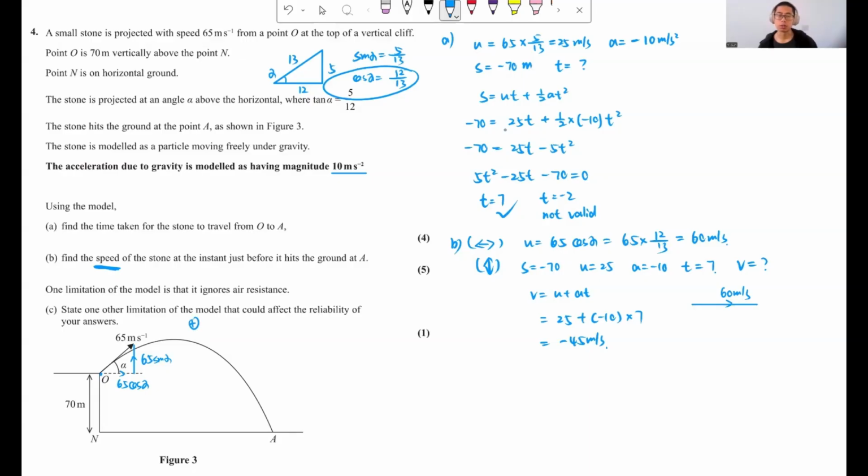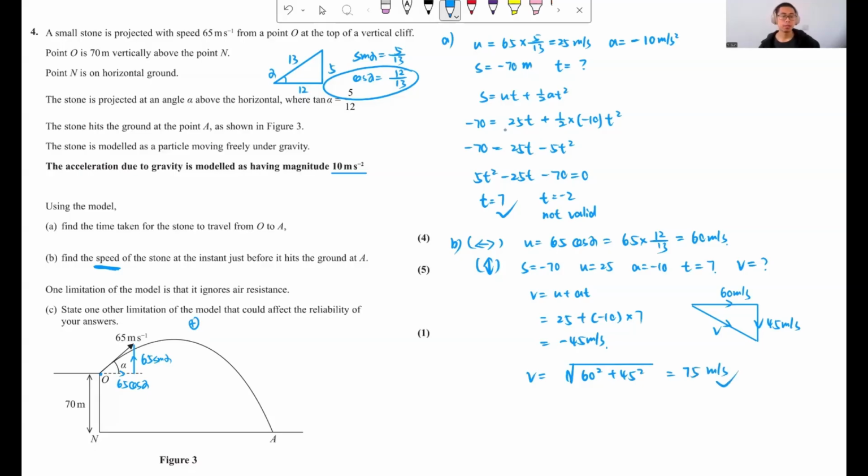Initially it goes upwards, and now it's negative, which means it's opposite to the direction as before, so it goes downwards like that. 45 meters per second. Then we just have to find the magnitude, which is the hypotenuse. So v equals the square root of 60 squared plus 45 squared, and that is just 75 meters per second.